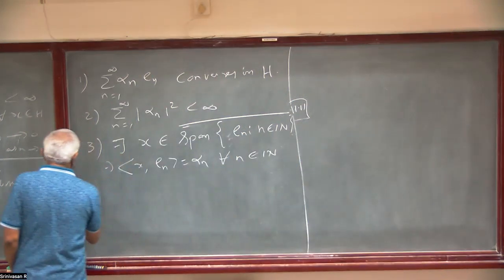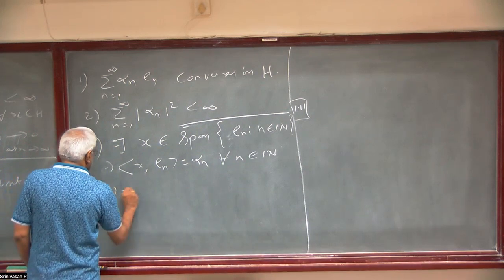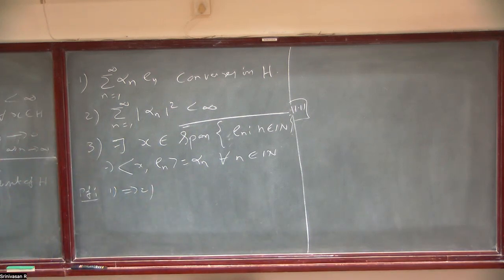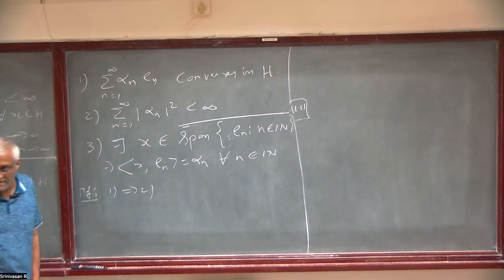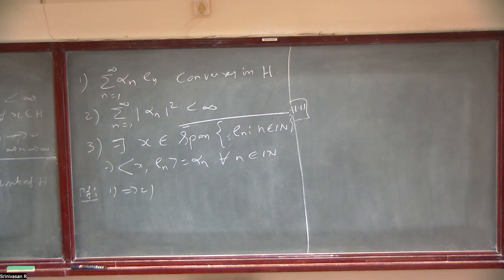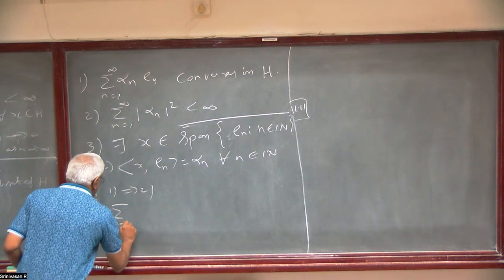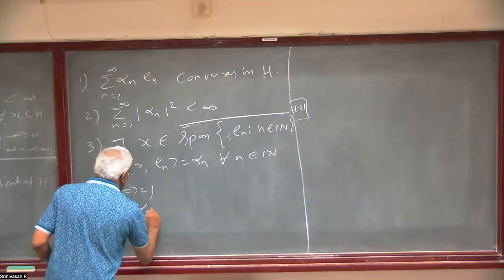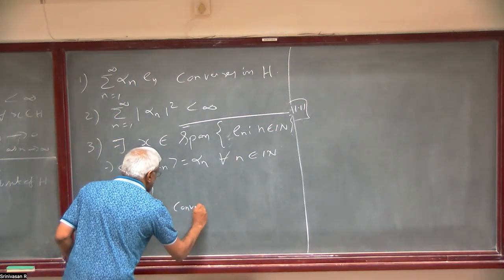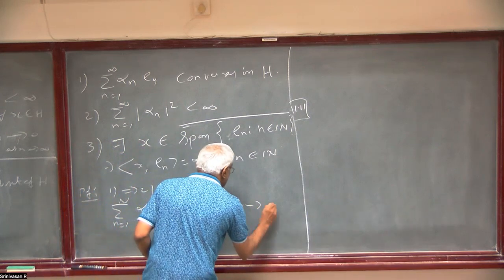Proof. So one says that the series converges in H. So it's a Hilbert space convergence. By that we mean this convergence is equivalent to saying that it's Cauchy, right? This convergence means that the sum from n equal to 1 to N of alpha_n e_n converges as N goes to infinity.